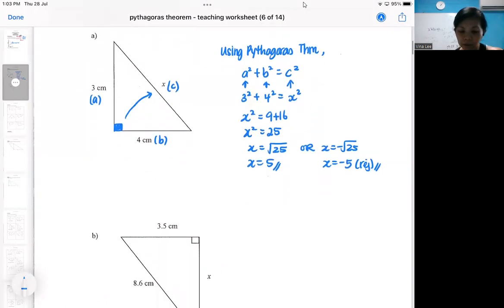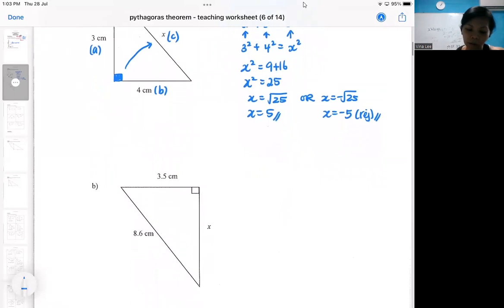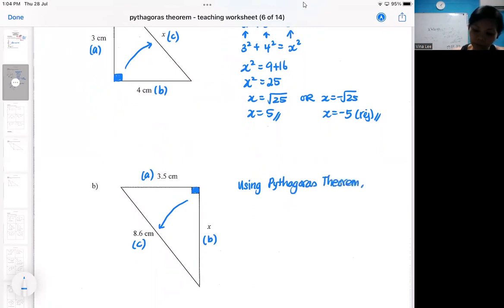So for example, in the next question, the 90 degrees is here. This will be your longest length, the hypotenuse. Which one are you going to label as your A, B, C? So label your A, B, C. If you need to, you write the formula for a start.